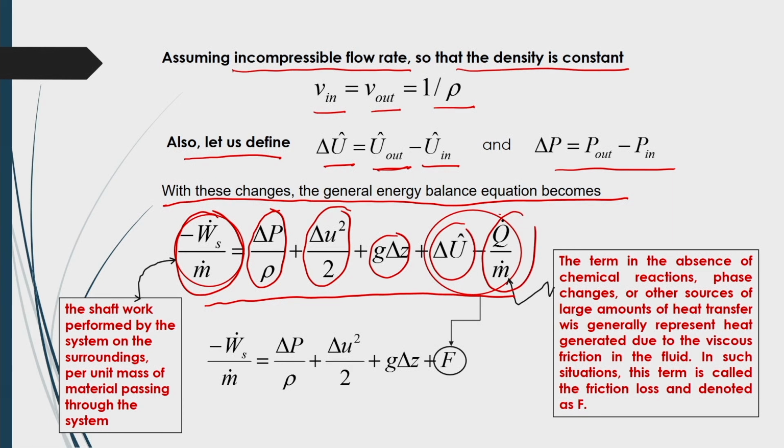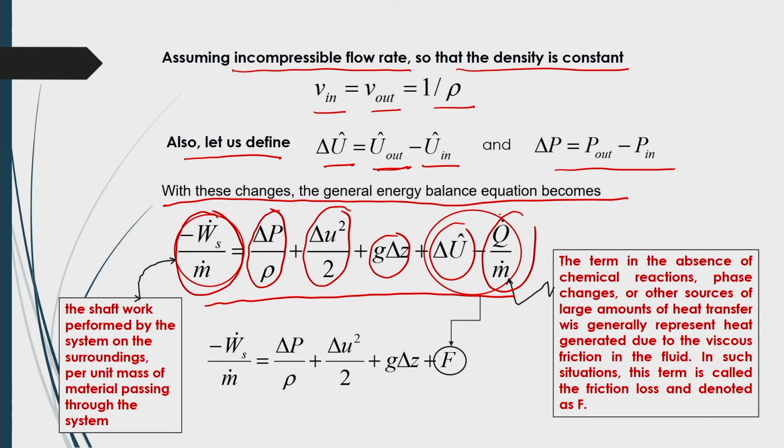In the absence of chemical reactions, phase change or other large sources of heat transfer, generally we can represent heat generated due to viscous friction in the fluid. In such situations, this term is regarded as a loss and denoted as F.